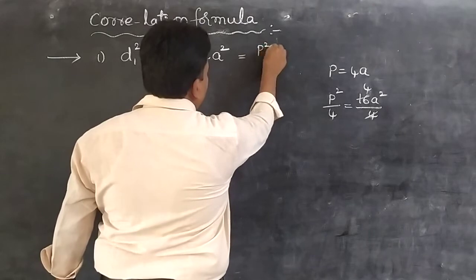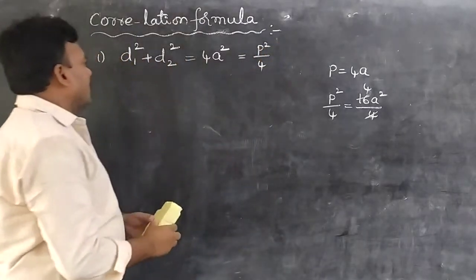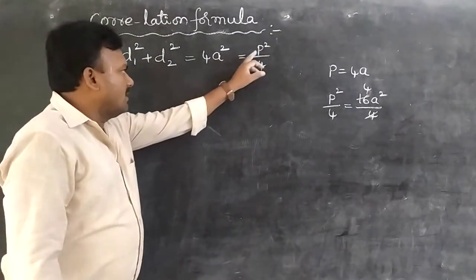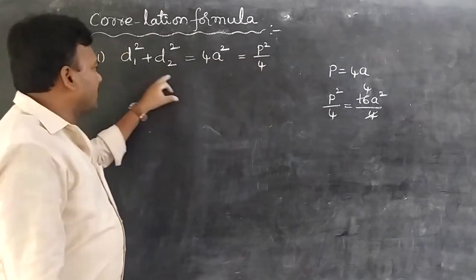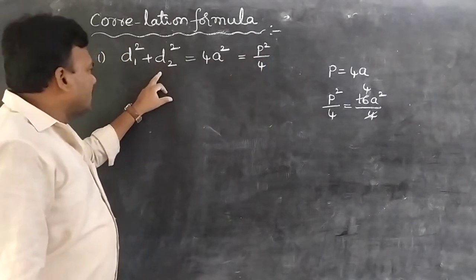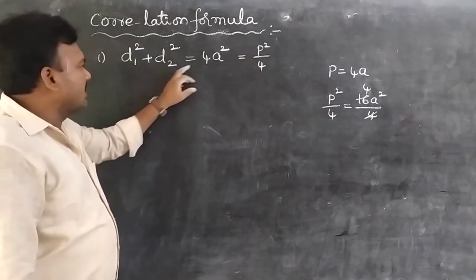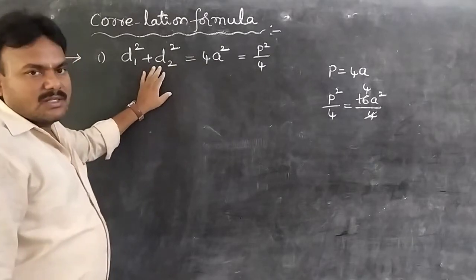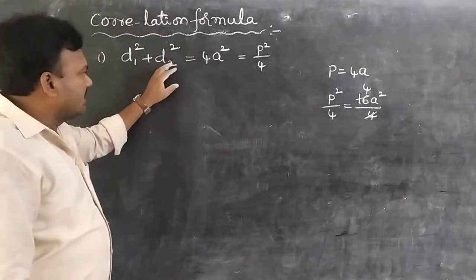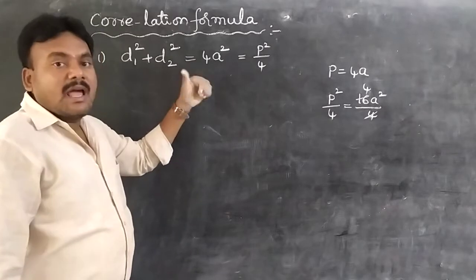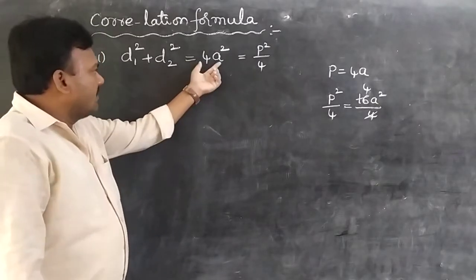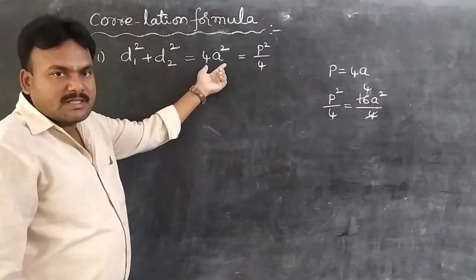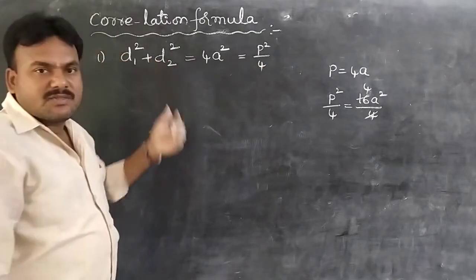If you know D1 and D2, find the perimeter by using this formula. Suppose we find the side, use this formula, students. So this formula is derived two ways. One is if you know the side, or if you find the side or perimeter, use this formula, students.